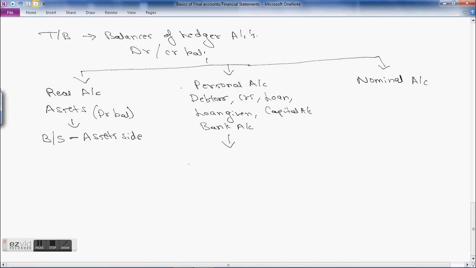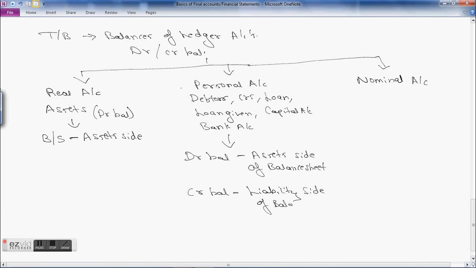So for personal accounts, the rule will be all the debit balances will go to the asset side of the balance sheet, and then credit balances will go to the liability side of the balance sheet. Okay, this is for the trial balance.